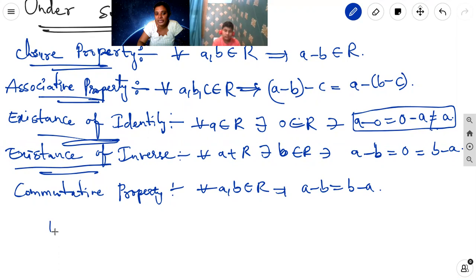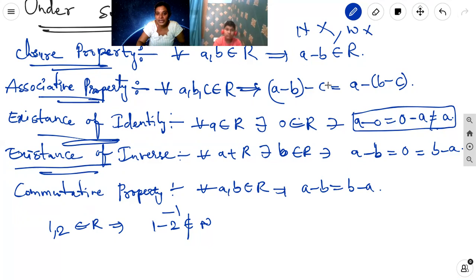Take the natural number set: 1, 2 belong to N, but 1 minus 2 is minus 1, which does not belong to N. So the natural number set does not satisfy closure, and the whole number set also does not satisfy it. But the integer set satisfies the closure property only.